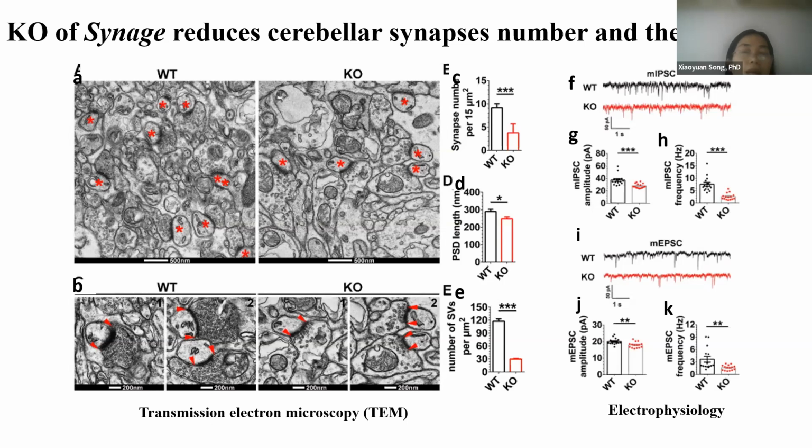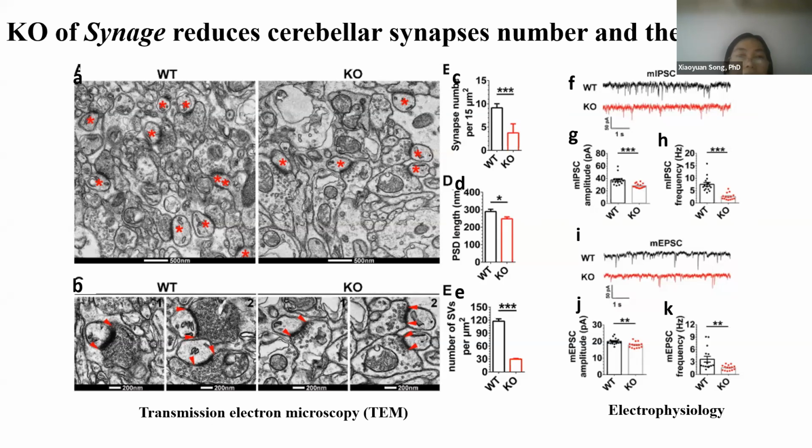And we also used an electrophysiological assay to identify the miniature inhibitory and excitatory postsynaptic currents, which reflect the synapse function. We can see that both mIPSCs and mEPSCs were reduced in the knockout condition. So this means that Synage knockout reduces cerebellar synapse numbers and their function.